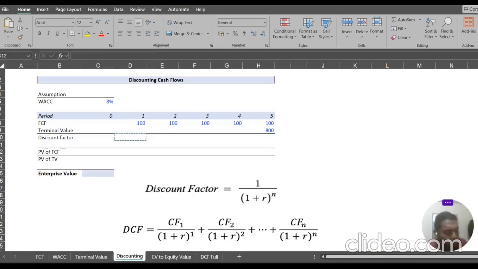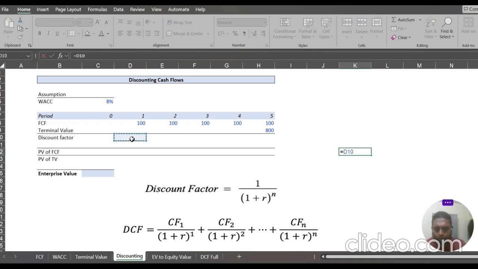We'll be doing the discounting of free cash flow and terminal value to sum it up and find the enterprise value. So herein first we'll find the discount factor. The discount factor formula is given as 1 by 1 plus R, where R here is WACC, raised to the power of the period.